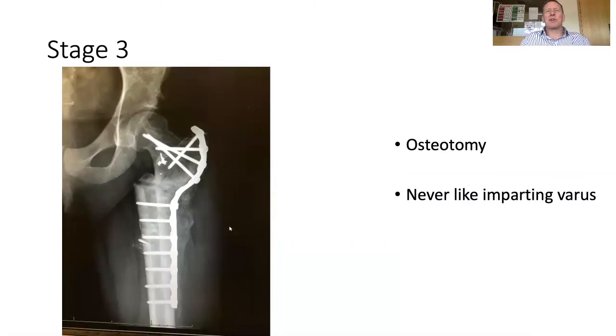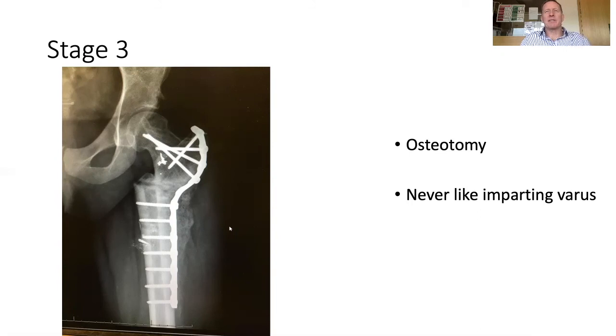Of course, you've got your options of your different orthopedic treatments: excision, arthrodesis, osteotomy, arthroplasty. And in a patient who will never be suitable for an arthroplasty, or if they just won't accept the idea of a joint replacement, then osteotomy, moving the necrotic segment away from the weight-bearing surface, is an option.